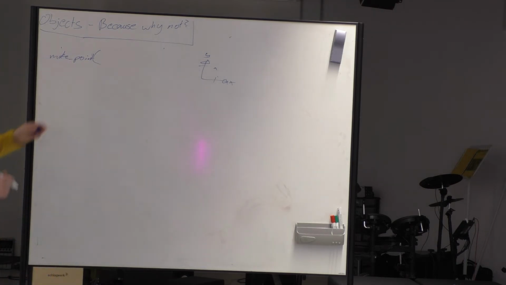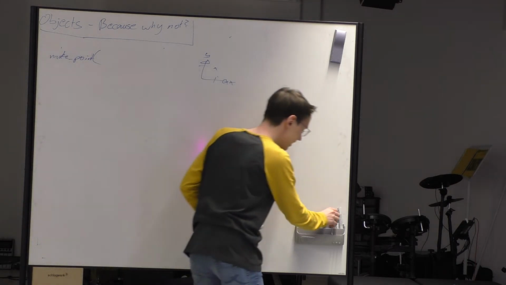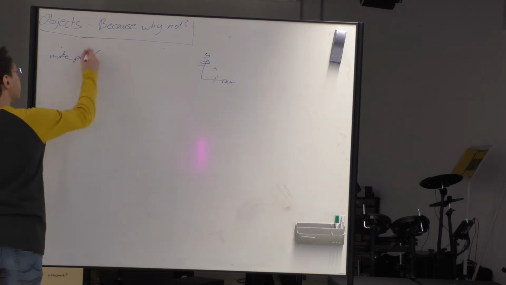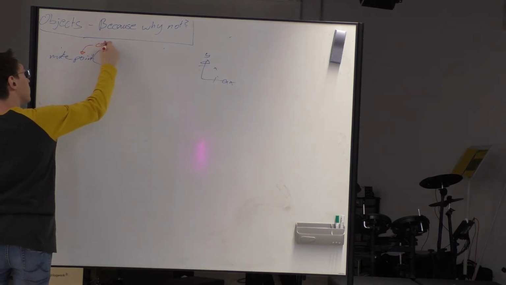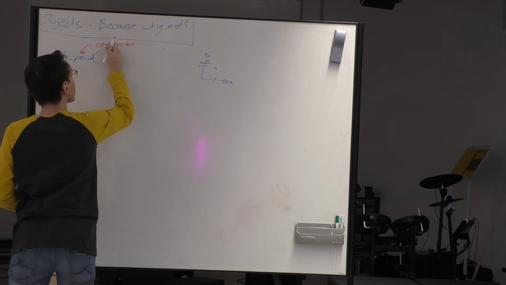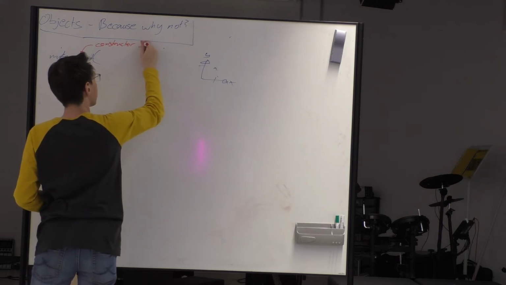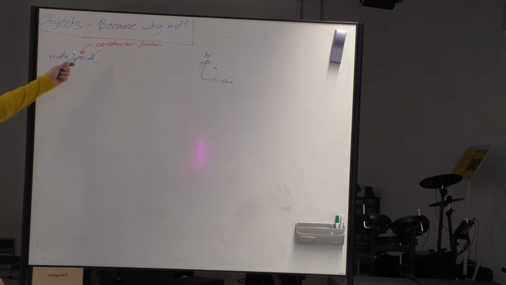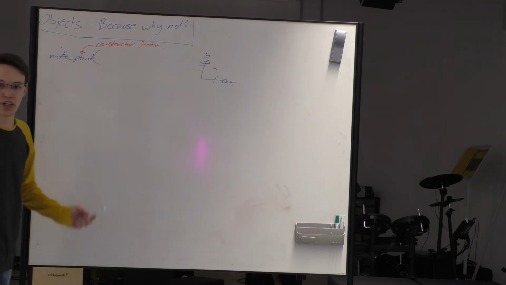This is what people call the constructor function. This is a technical term that you might have to remember because it's important in C++. This is called the constructor function. And as you can tell by its name, it's going to construct an object, a new one.